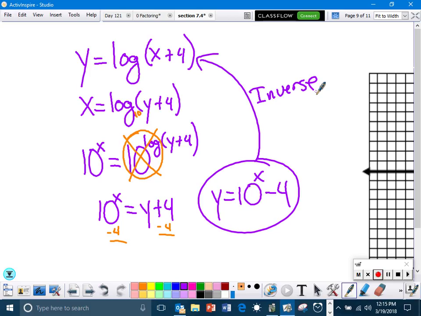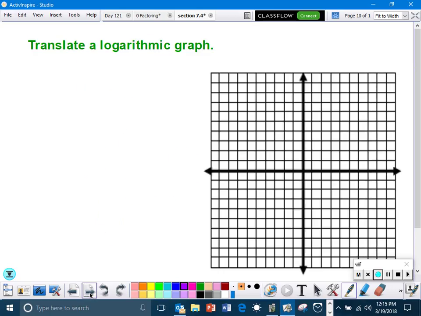Okay, so the next thing we need to do is look at how things get changed. Some translating here. So here we go. So some graphing. All right, well, first of all, don't forget the rules that I taught you earlier about how things move left or right, up and down. So first, I'm going to go back to the original problem where we did y equals 2 to the x power.